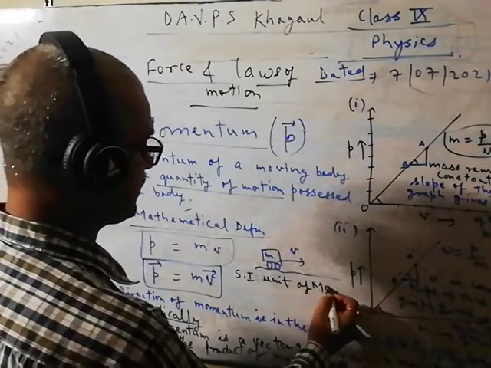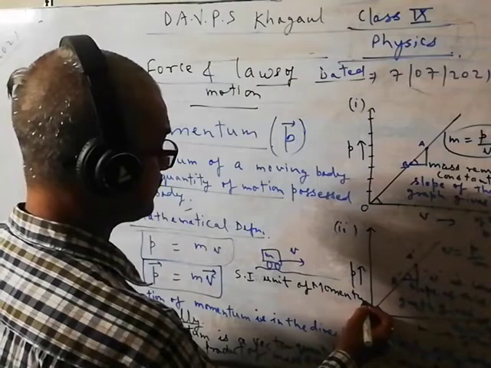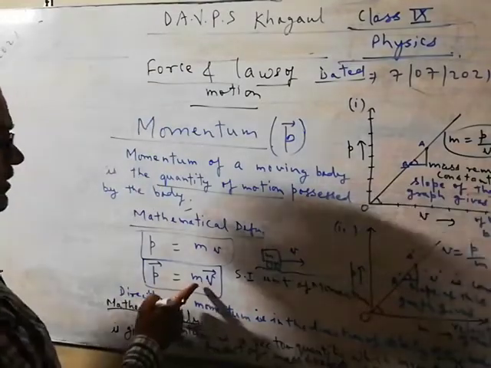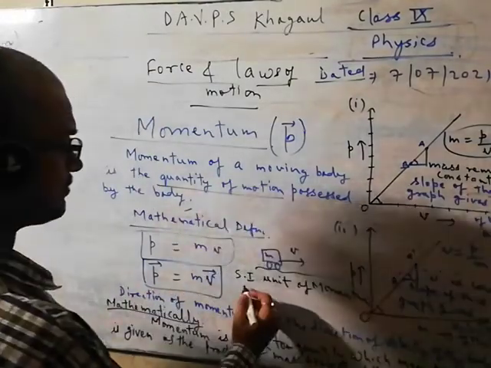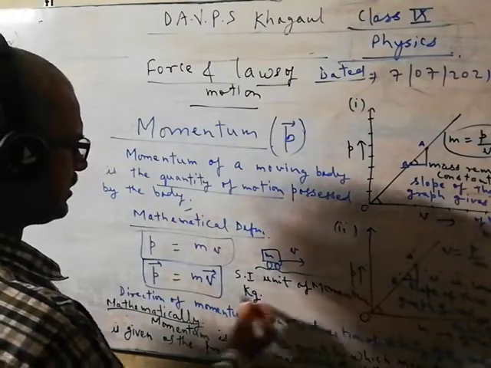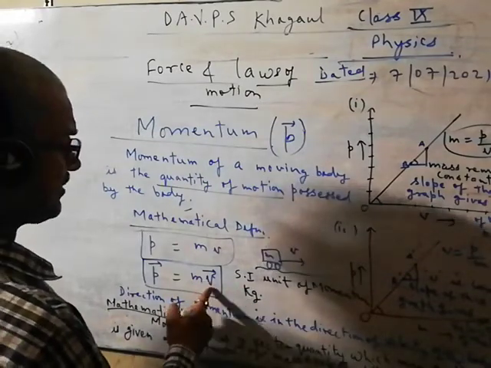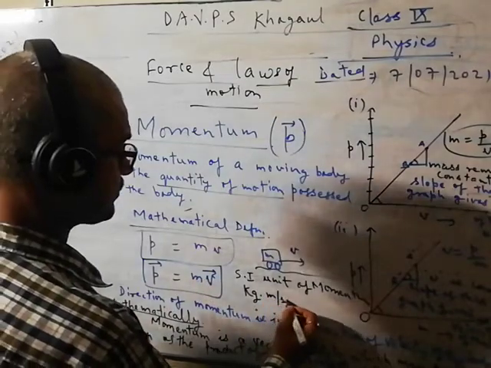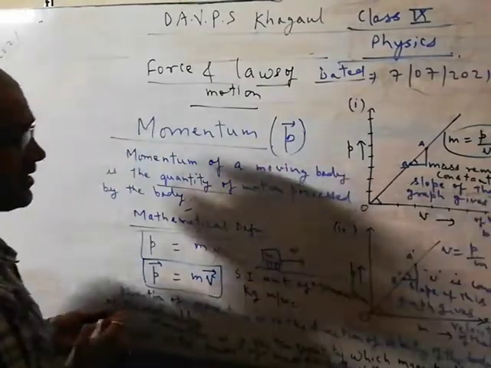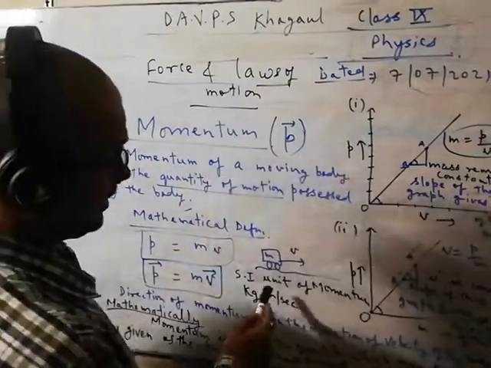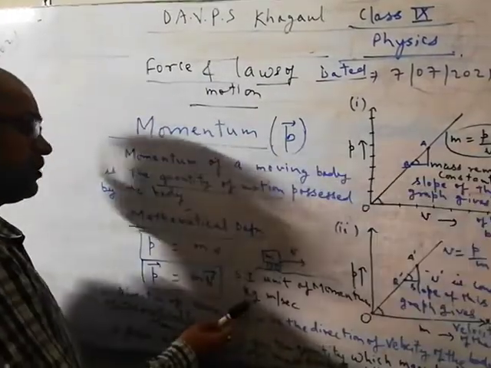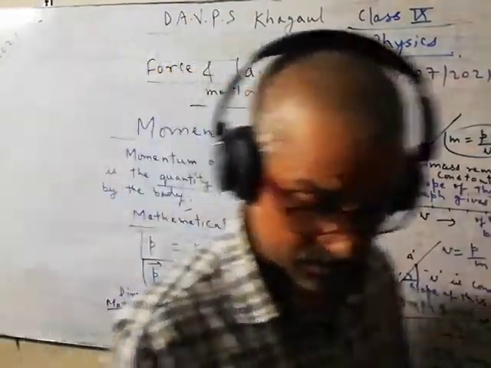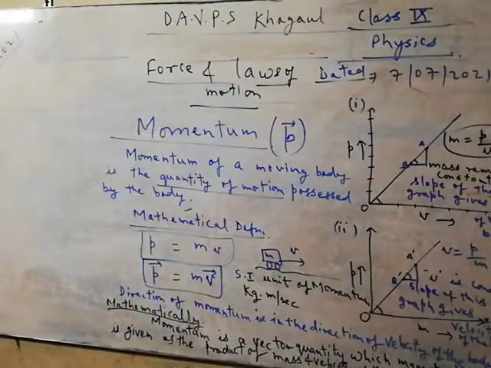It will be the SI unit of mass, kilogram, into meter per second, the SI unit of velocity. So the SI unit of momentum is kilogram meter per second.